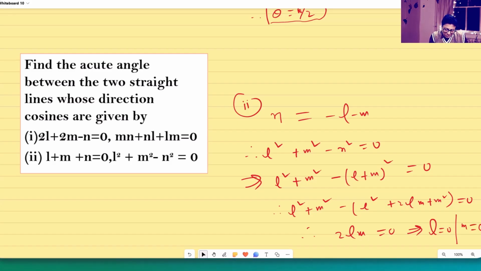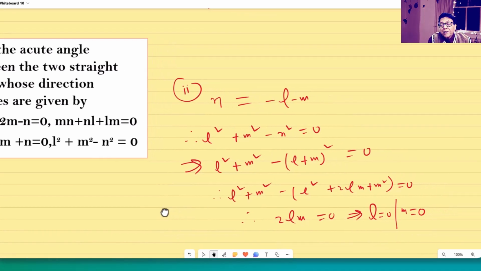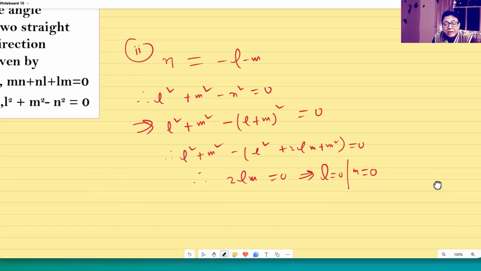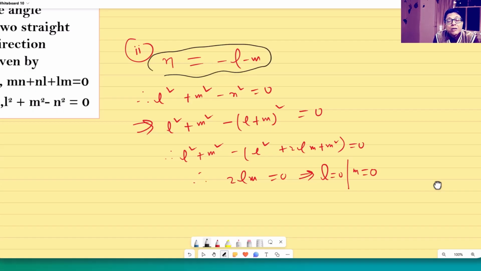So can I get the relation between all LMN over there? In the previous sum I told you, we have to relate with what we have got. This is for one line and this is for line 1 and this is for line 2. Here N is minus L minus M. So L is 0, you put.